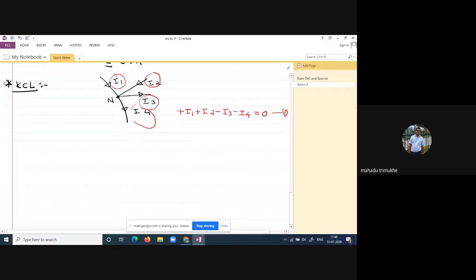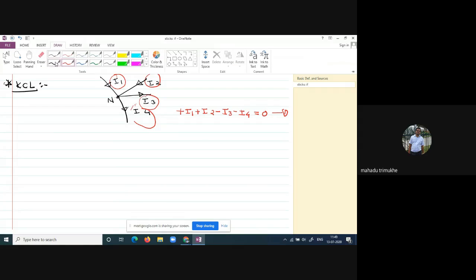The algebraic sum of all currents entering at this particular node is 0, and this is called KCL.